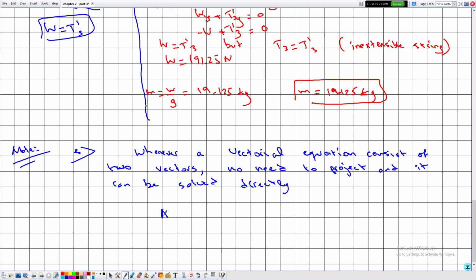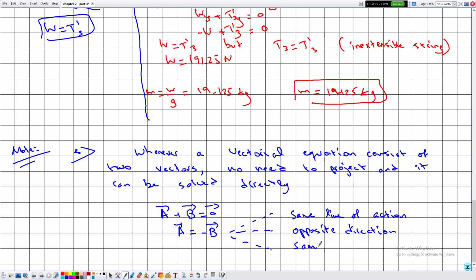Suppose that A plus B is equal to 0 vector. There is no need to solve it because if we drag B to the right-hand side, it will be A is equal to minus B. This equation means three things: that A and B have the same line of action, opposite direction, and same magnitude.